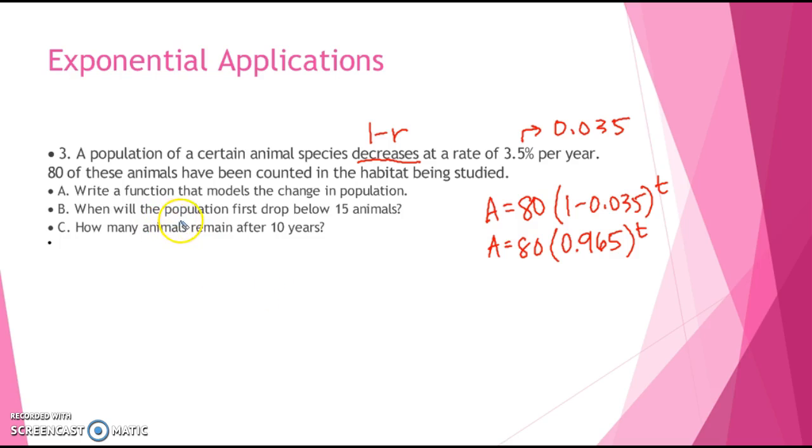Okay, for the second one, I want to know when the population will first drop below 15 animals. Now I want to know when, so that means I'm going to write one of those equations, and I'm going to set it equal to 15. And then I've got y1 and y2.